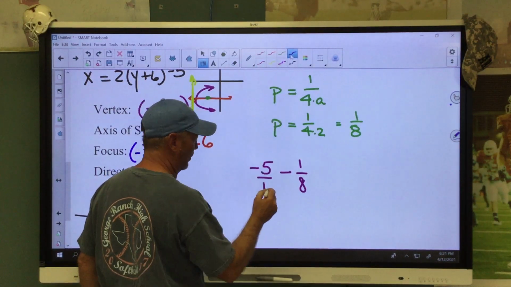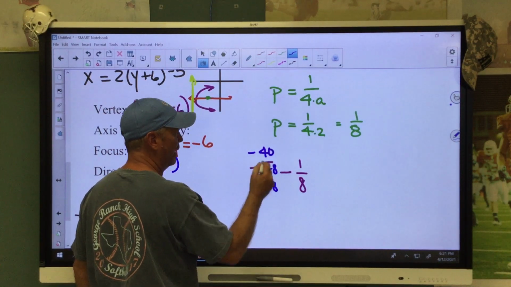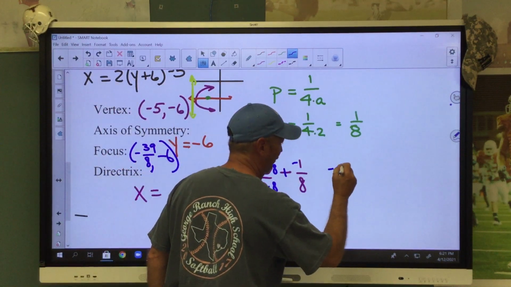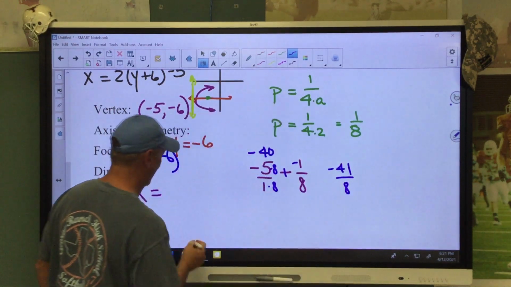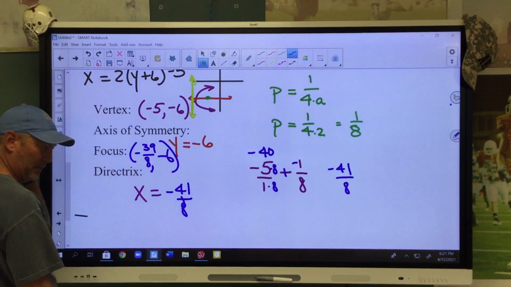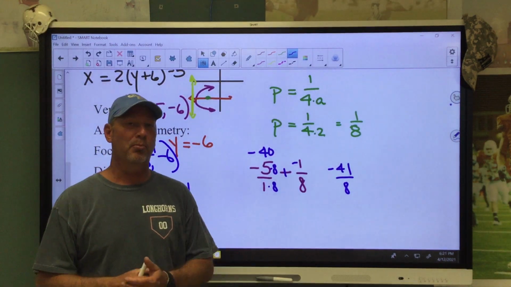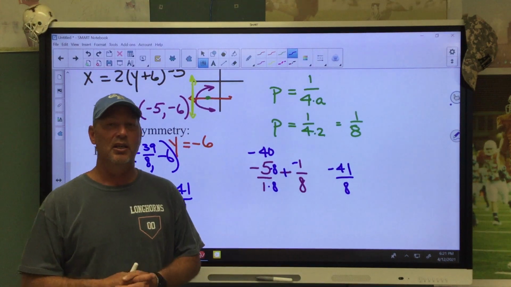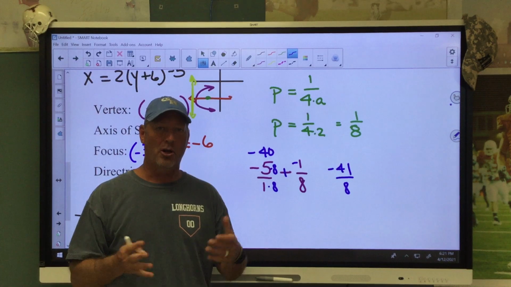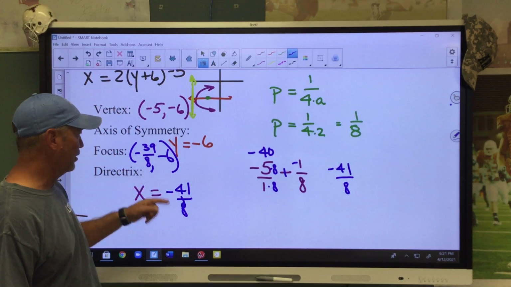We're going to multiply the bottom times 8, the top times 8. We're going to get -40, but a -40 and a -1 is a -41/8. That is my directrix, -41/8. Okay? And then you can graph it, we can plot some points, we can go Control T, you can find some points to draw your smooth curve for your parabola. But the hard part is finding these things: the vertex, the axis of symmetry, the focus, and the directrix.